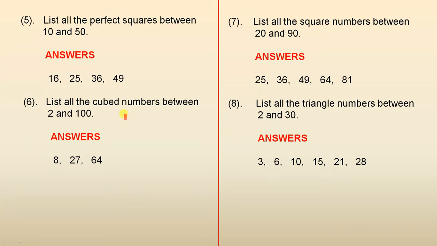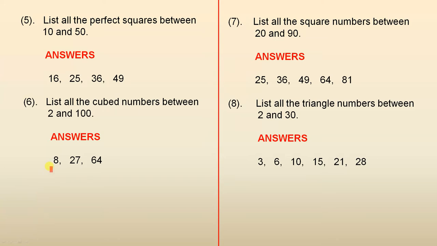List all the cube numbers between 2 and 100. The first cube number has to be 8, because 1 cubed is 1 and that's too small, as it's got to be between 2.